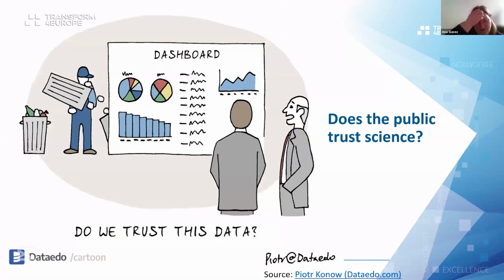Another aspect of science communication, which many of you mentioned, maybe not with this word, is the importance of transparency. And there is also the question of trust. Does the public trust science? Here we have an image of some results presented with visualizations in your responses.